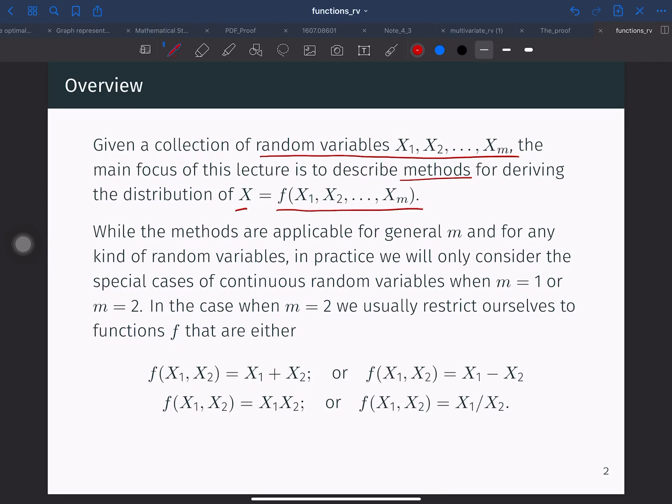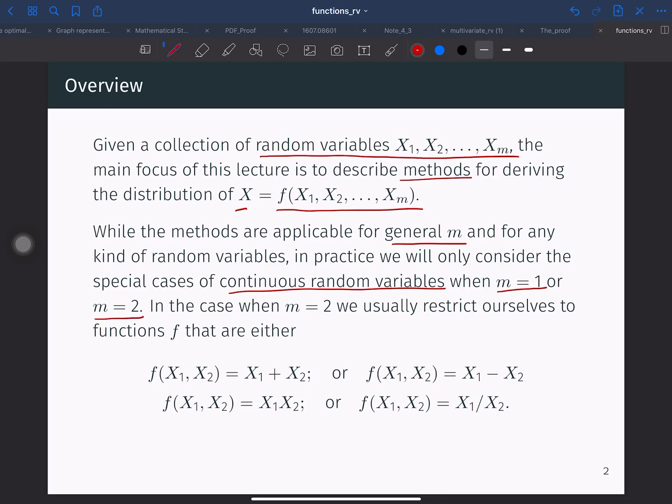The methods in chapter 6 are applicable for general m and for any kind of random variables, but in practice we will only consider the special case of continuous random variables, with either a function of a single random variable or a function of two random variables.